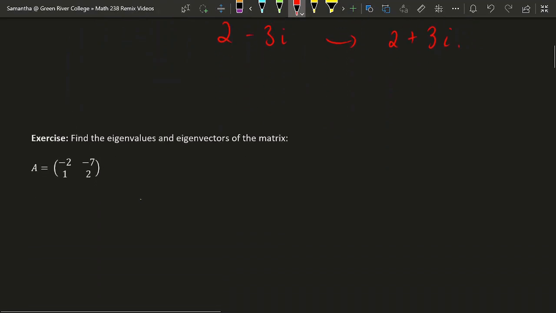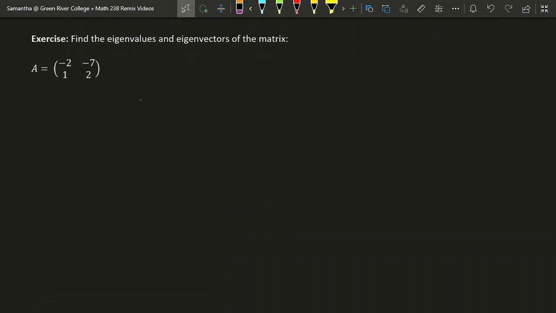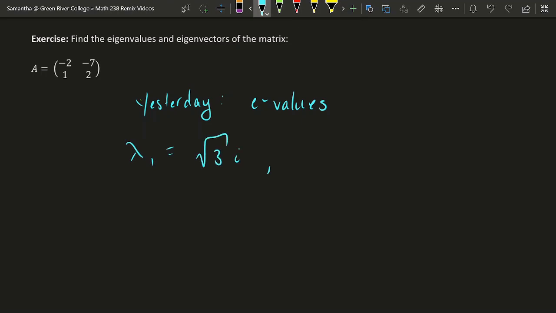Let's go into an exercise and try to find the eigenvalues and the eigenvectors of the matrix -2, -7, 1, and 2. In yesterday's video, we found that the eigenvalues of this matrix are complex. One was equal to the positive square root of 3 times i, and the other the negative square root of 3 times i.